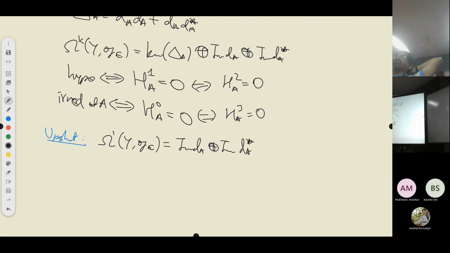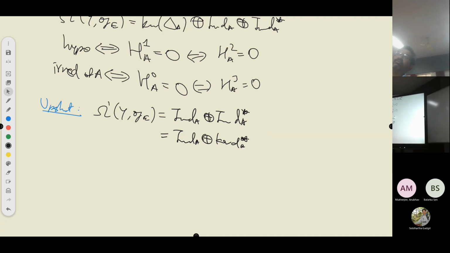First of all, we can replace image dA star with kernel of dA star, because the kernel modulo image dA star is again going to be captured by the kernel of your Laplacian. And since the Laplacian has the kernel, we see that image and kernel of dA star also match up.